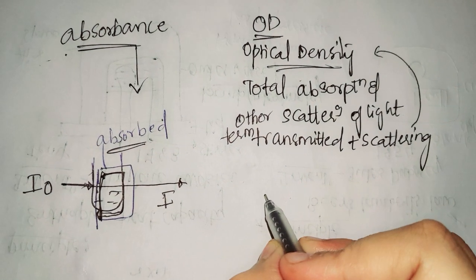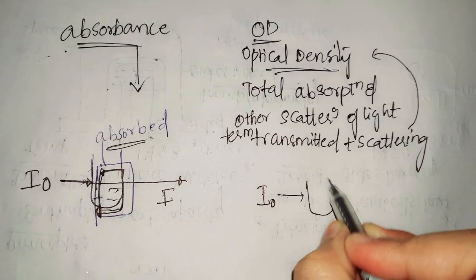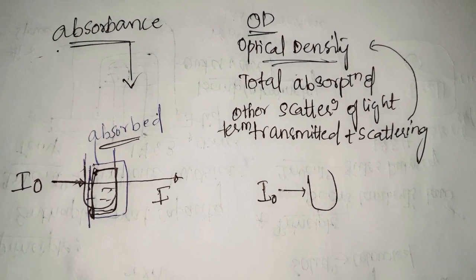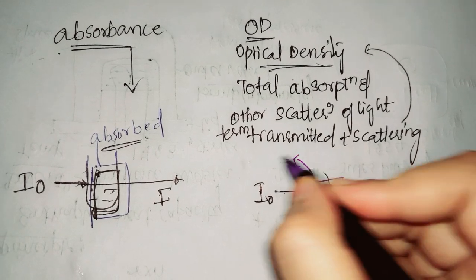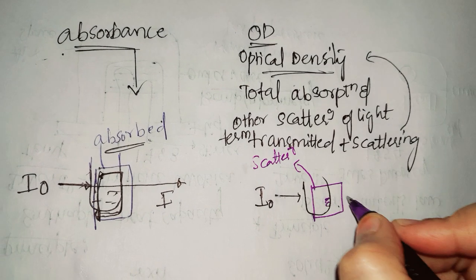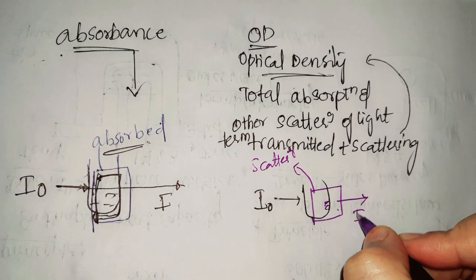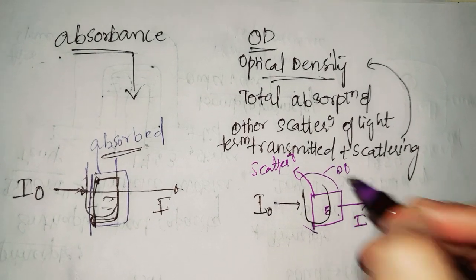So this is the incident light falling on the sample, and some of the sample gets absorbed and some gets scattered. So this scattering light plus some absorbing light, this whole is considered under the optical density called OD.